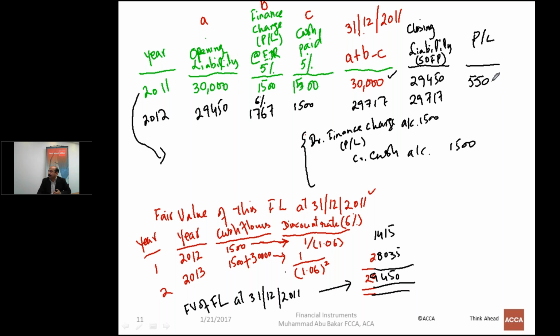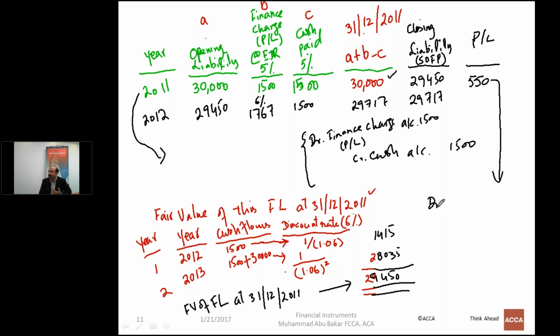And another entry will be related to this. For this, our liability is decreasing. Instead of 30,000, when we recalculated its fair value at the end of 2011, the liability has become 29,450. So the liability is reducing.